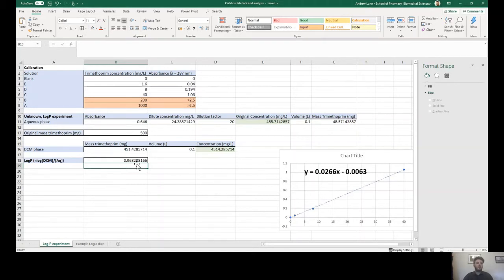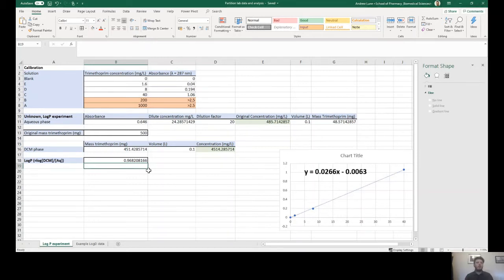And that tells us that this drug is predominantly partitioned into the organic phase, the DCM phase. Of course, we know that already by looking at these, but now if we hadn't done this experiment and we looked at that log P value, we know, well, that's above 0 and it's nearly 1. So we know that there's going to be quite a lot more trimethoprim partitioning itself into an organic phase compared to an aqueous phase.